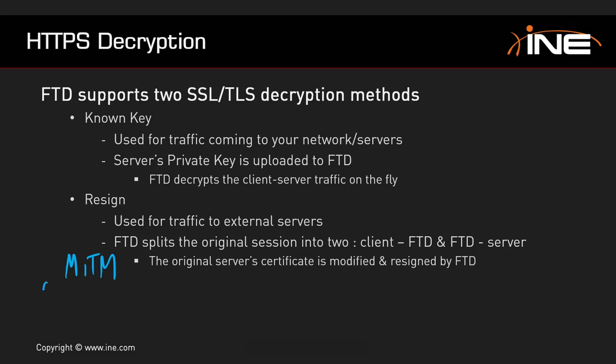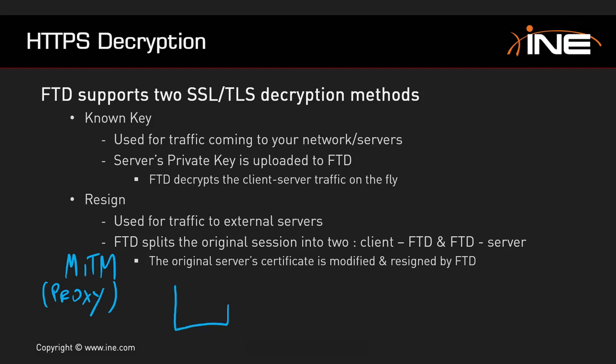It is going to act more like a proxy, because the goal now is going to be to fool the client into believing that it's now FTD that's the real server, and FTD is also going to try to fool the server that it is actually acting as a client for the session.